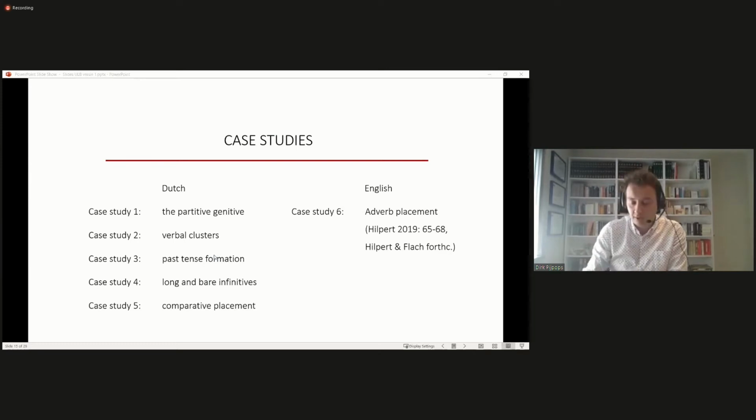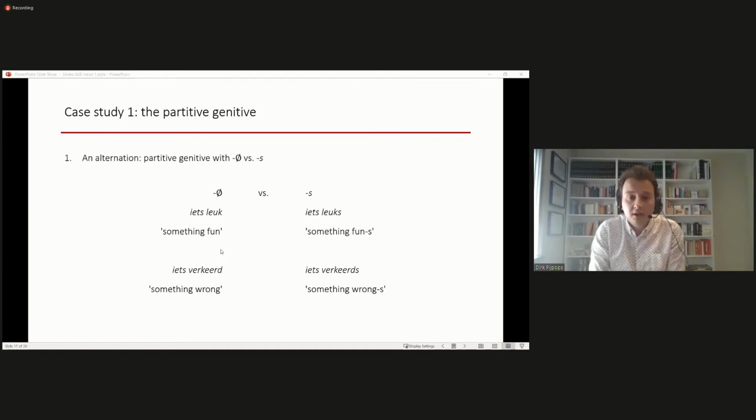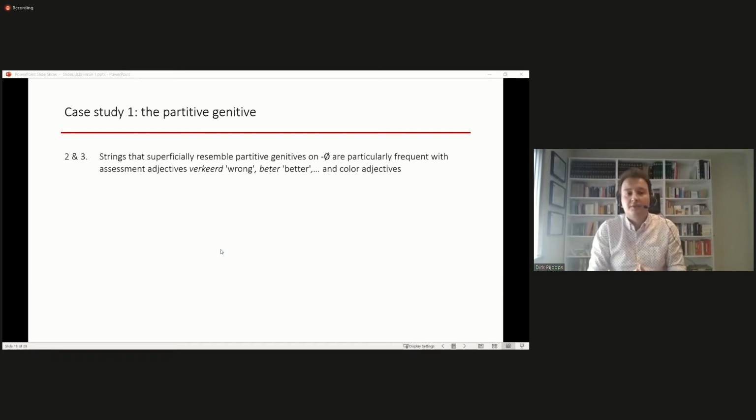So I'll start with the first one on the partitive genitive. So you already know the drill with the partitive genitive, right? It's an alternation between a variant with S ending and a variant without S ending, such as, for instance, iets leuk versus iets leuks, iets verkeerd versus iets verkeerds, etc. So that's step 1. Now, as for steps 3 and 4, we found that strings that superficially resemble partitive genitives without the S ending are particularly frequent with the so-called assessment adjectives.